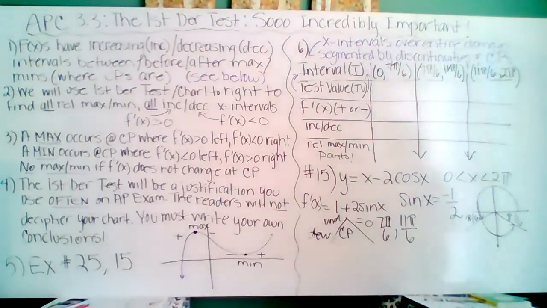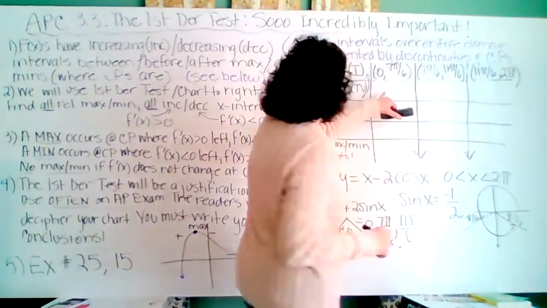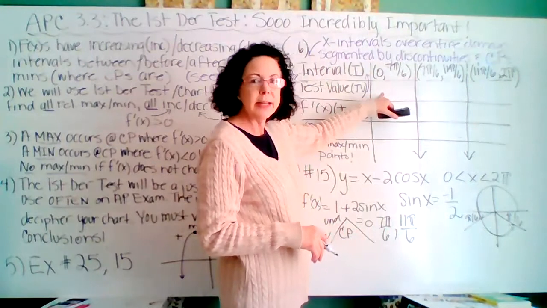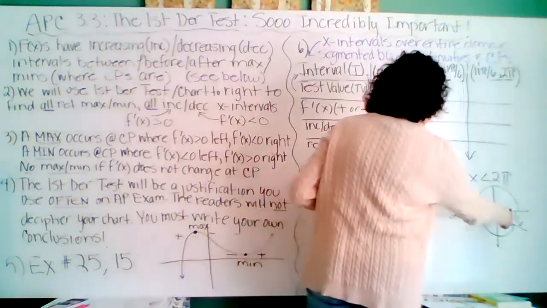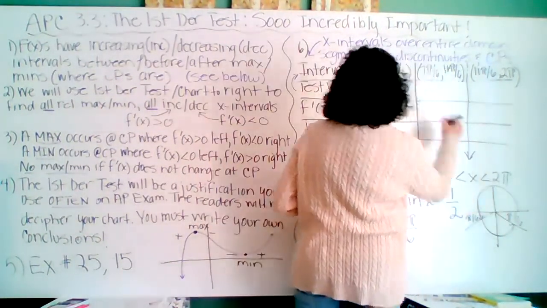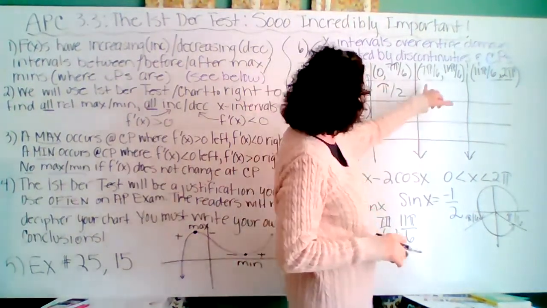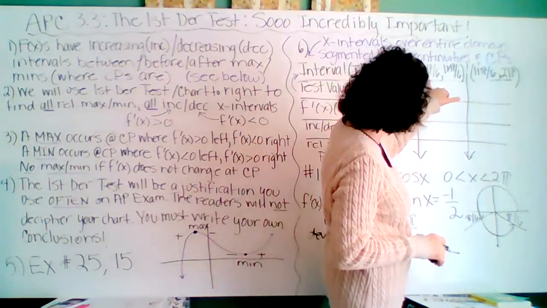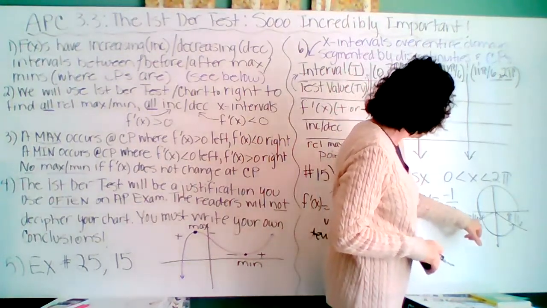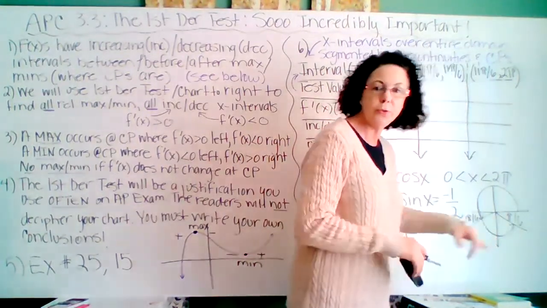Okay, test values. Let's pick an easy value between 0 and 7 pi over 6, right? How about pi over 2? Let's pick an easy value between 7 pi over 6 and 11 pi over 6. How about 3 pi over 2?